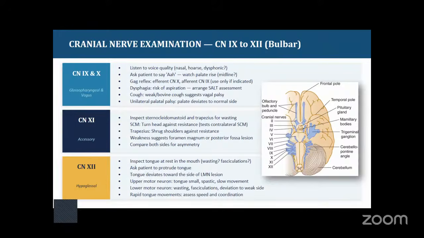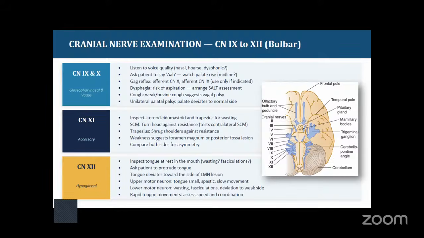For cranial nerve 9 and 10, so that is going to be the pharynx. As you were speaking to the patient and taking the history, did that voice sound normal? Did they have any nasal voice, hoarseness, or dysphonia?